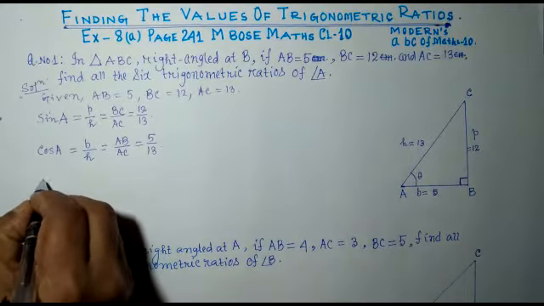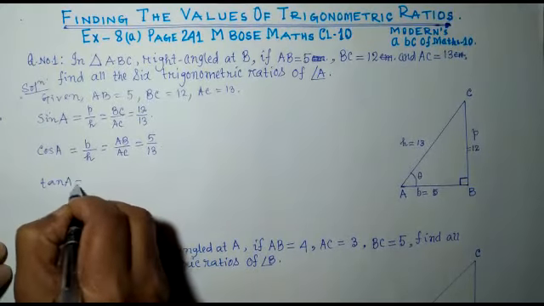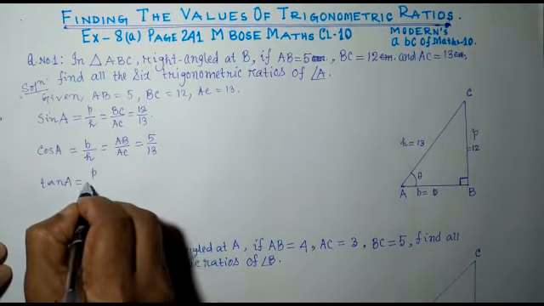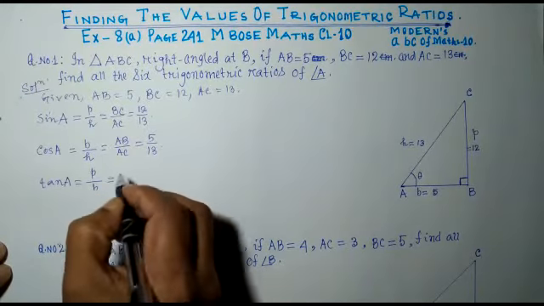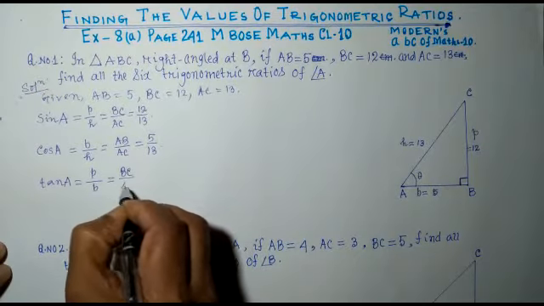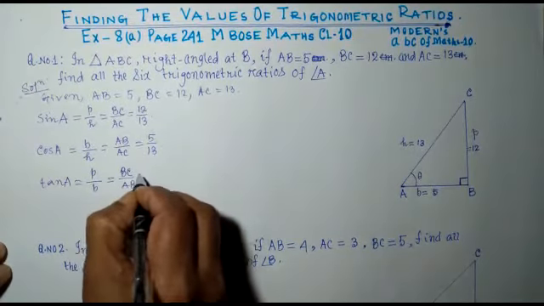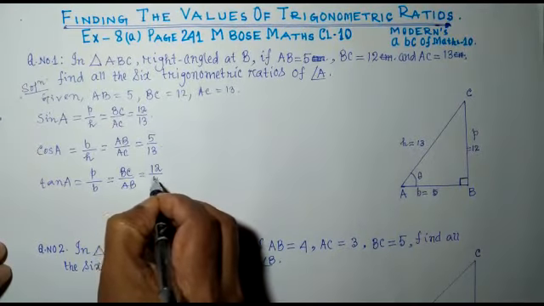And the next is tan A. Tan A formula is perpendicular by base. Perpendicular is BC and base is AB. Write the value of BC, it is 12, and value of AB, it is 5.